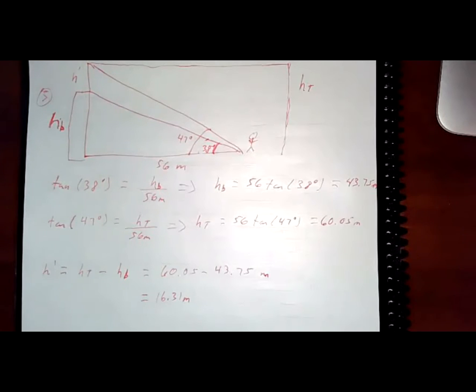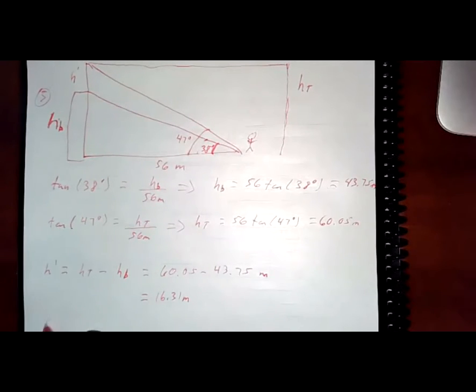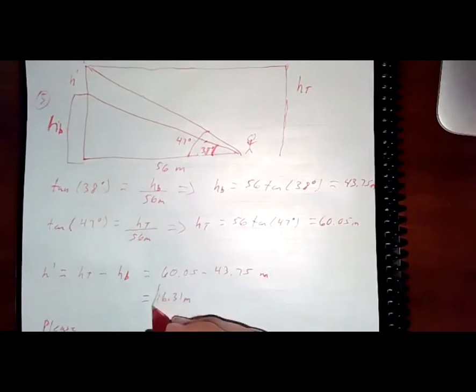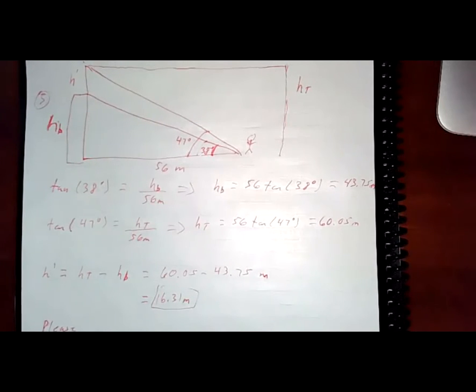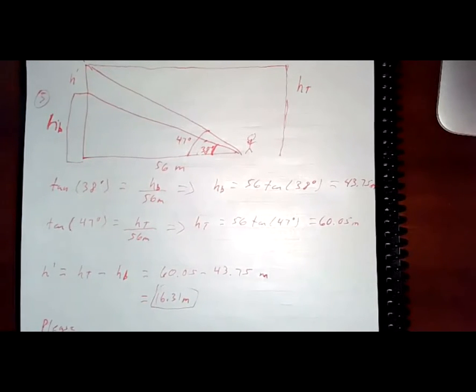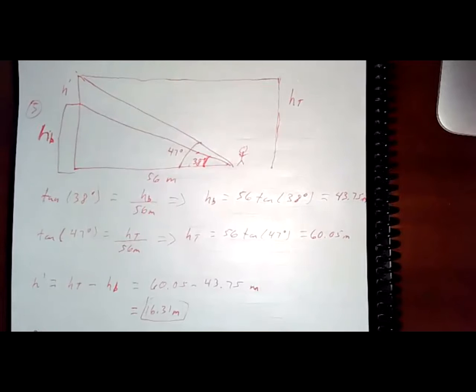You have any questions on number 5? Final answer was 16.31 meters because we were looking for the height of the antenna. Yeah, the radio tower, the little antenna on the top. Okay, thank you.